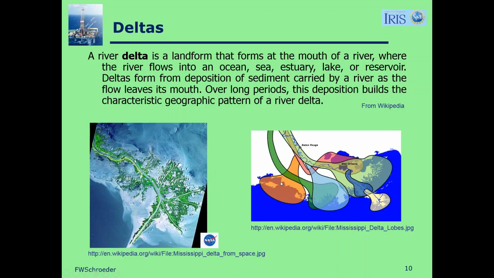The figure on the right shows the position of different delta systems for the Mississippi in the past. The current Birdfoot Delta is over here, but we get delta switching, and so where the river meets the ocean can vary along the coastline, somewhat like if I have a garden hose in my driveway, I turn on the water, that hose can oscillate back and forth and get different parts of the driveway cement wet.